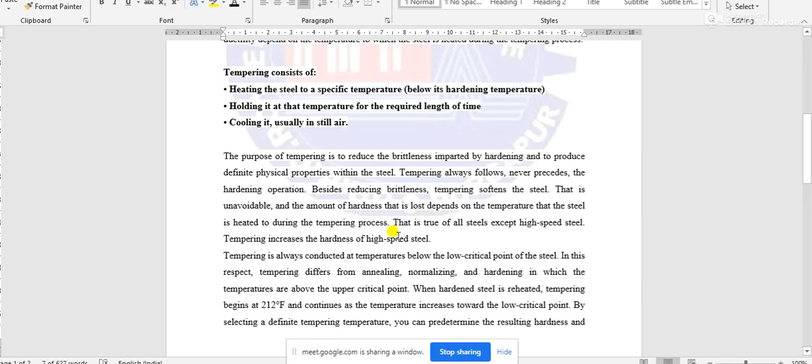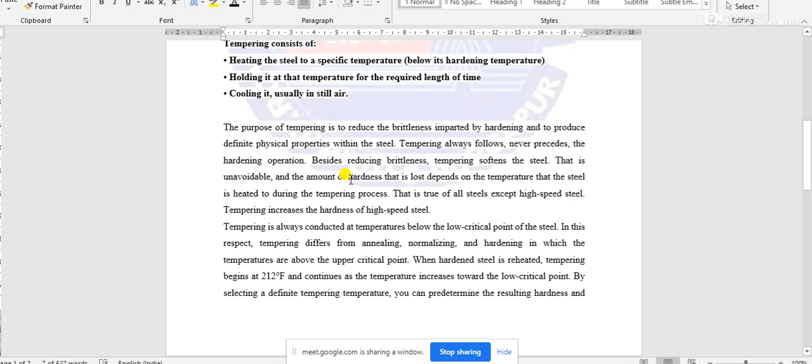The effect of this tempering process on the steel is a reduced value of brittleness, and tempering makes the steel soften. That is unavoidable for this kind of process because the cooling step is not rapid, the cooling step is slow.